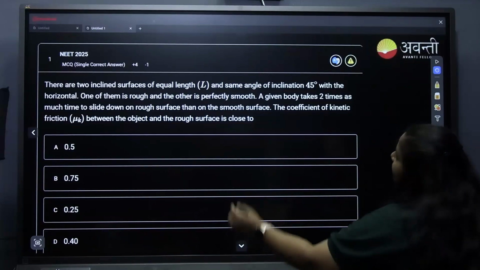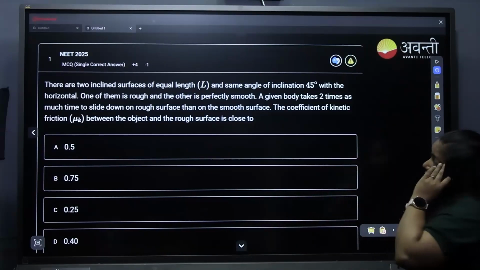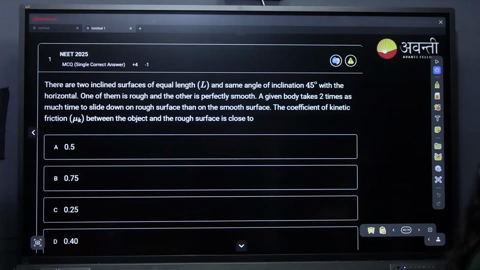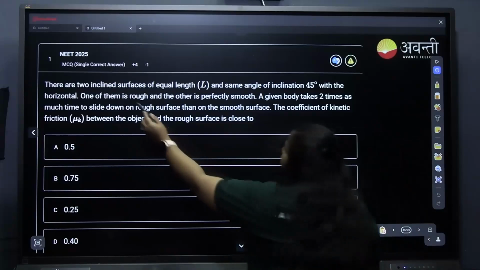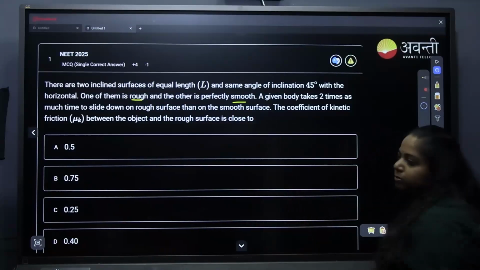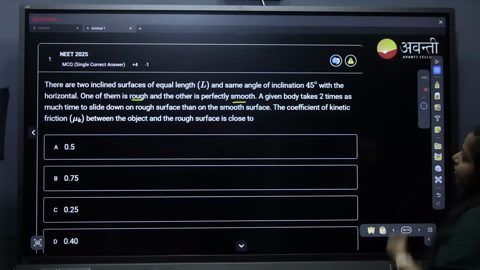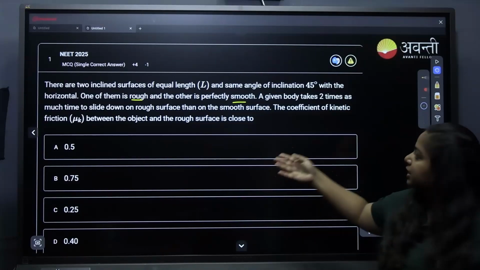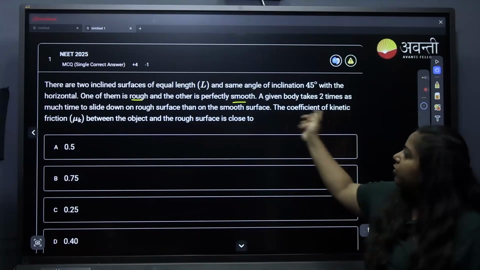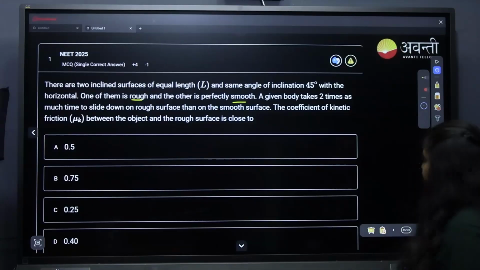There are two inclined surfaces of equal length L, same angle of inclination 45 degrees, and one of them is rough, one is smooth, which means rough has friction, smooth doesn't have friction. A body takes 2 times as much time to slide down the rough surface than the smooth surface. You have to find the coefficient of friction.